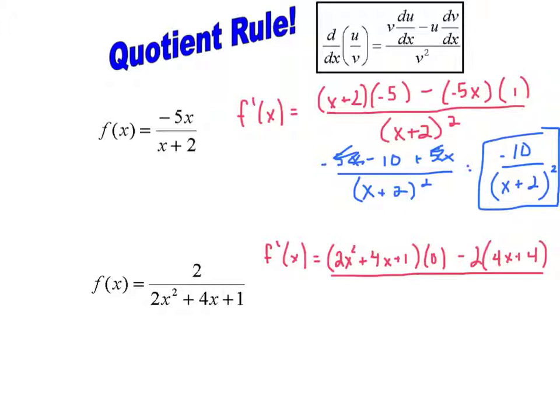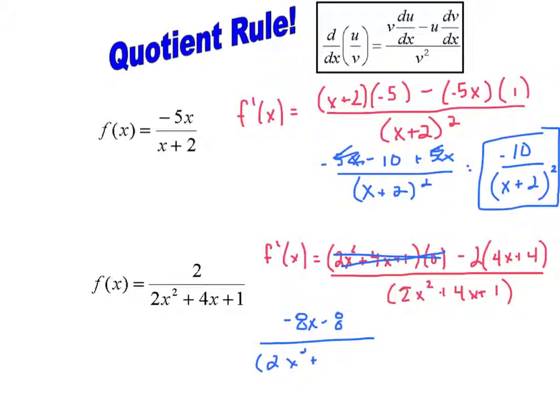Cross the line, square that low. Okay, let me clean up that numerator a little bit. Of course, this whole thing is gone because it's just multiplied by 0. Negative 2 times 4x plus 4 becomes negative 8x minus 8. Bottom we're not going to do anything with.